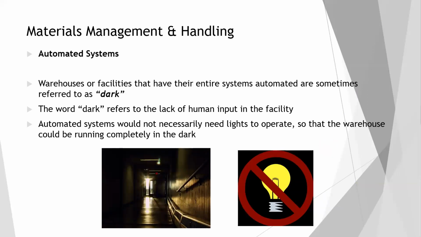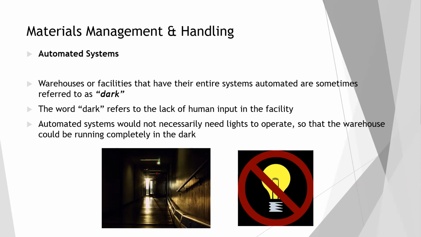Warehouses or facilities that have their entire systems automated are sometimes referred to as dark. The word dark refers to the complete lack of human input needed in that facility. Robots and machines don't need lights to operate. Humans need lights to operate. We need to see what we are doing.